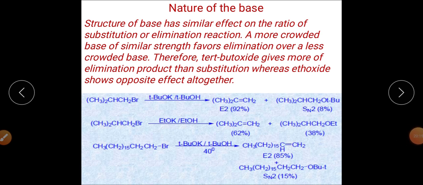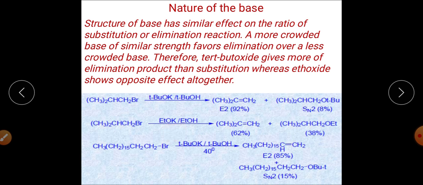You can clearly see here are different examples where we are taking an overcrowded base, and at the same time we are also taking a less crowded base. On the screen you can see that here we have taken tert-butoxide, but in this reaction you have taken ethoxide.